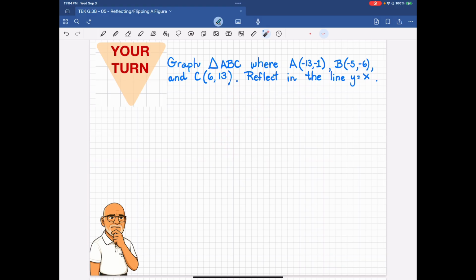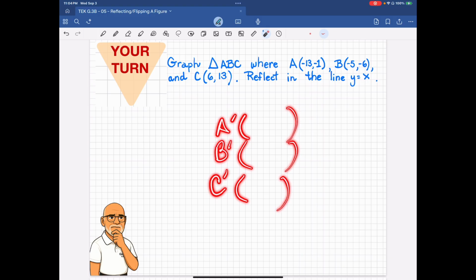Now, your reflected image is going to be triangle A prime, B prime, and C prime. When you give your answer, you are going to tell me the coordinates for A prime, B prime, and C prime.